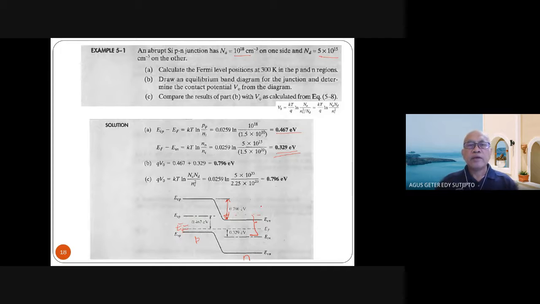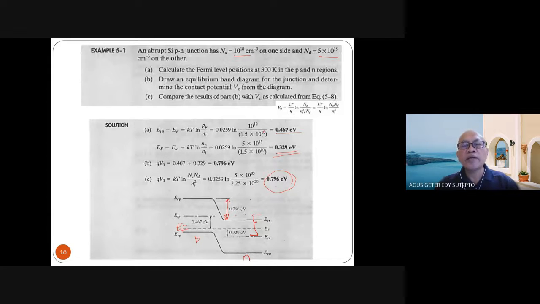Okay, actually now we can get the same by calculation of kT ln of NA ND over NI squared. So we can get 0.796 as well.